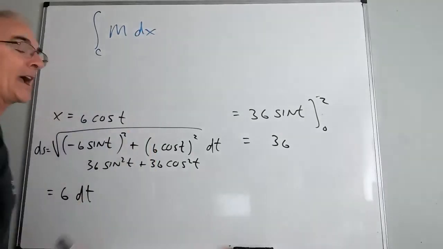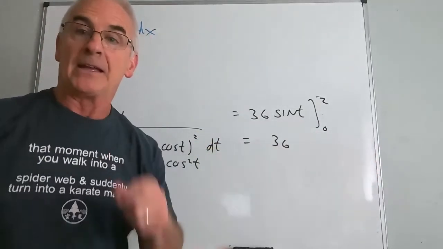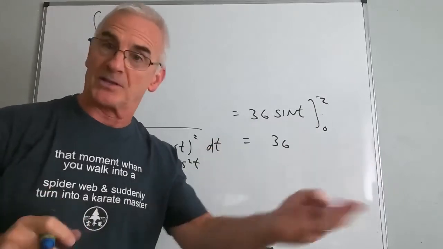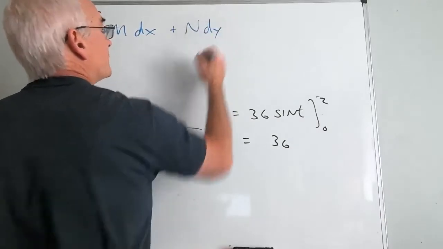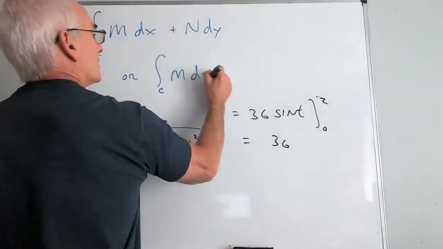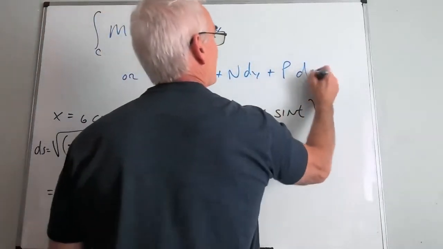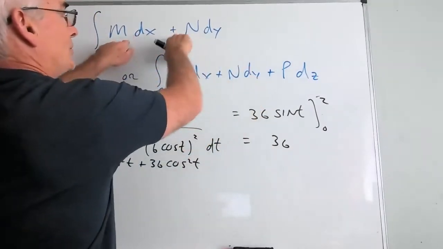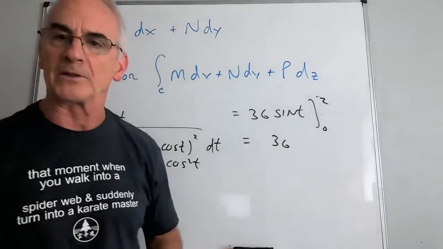When I write M, it's understood it's a function of x, y, or x, y, and z. x and y if I'm in 2 dimensions, x, y, and z if I'm in 3. This is the most common form. If I'm in 3D, it's this. If I'm in 2D, it's this. And both are fair game. This is the most common form a line integral takes.